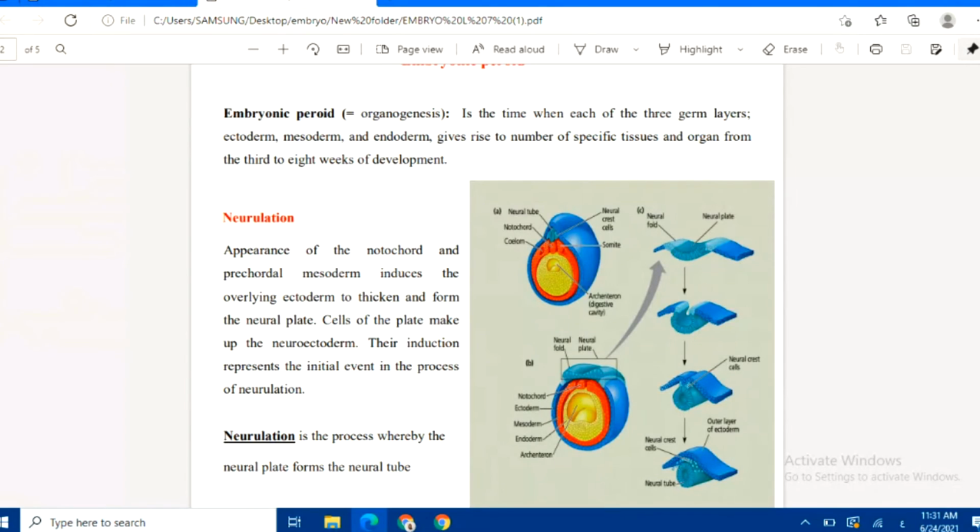Okay, so the time when each of the 3 germ layers will give rise to some specific tissues, organs. They are called as embryonic period. While the period, the weeks, is starting from the 3rd week to the 8th week of embryonic development.